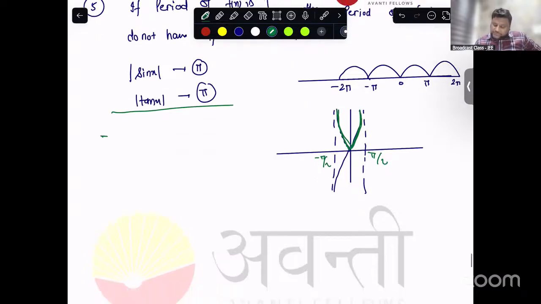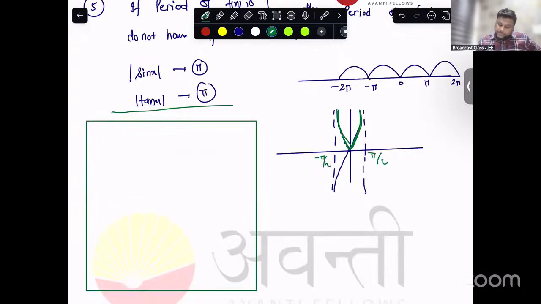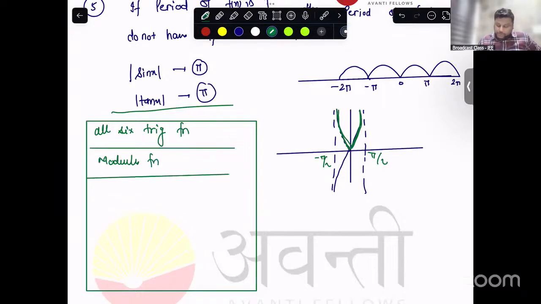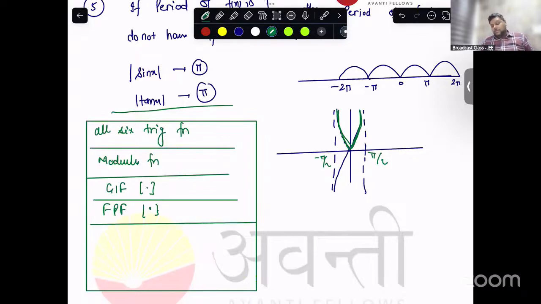See, the list of graphs that you should necessarily know: all 6 trigonometric functions, modulus function, greatest integer function, fractional part function, log functions, and exponential functions. These graphs you must know.